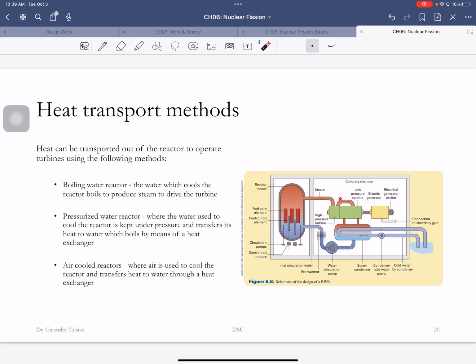How much of the heat got converted to electricity? 35%. Very good. And the rest of the heat has to be dumped out. You dump it in a lake or in the atmosphere. Air-cooled reactors use air to extract the heat.